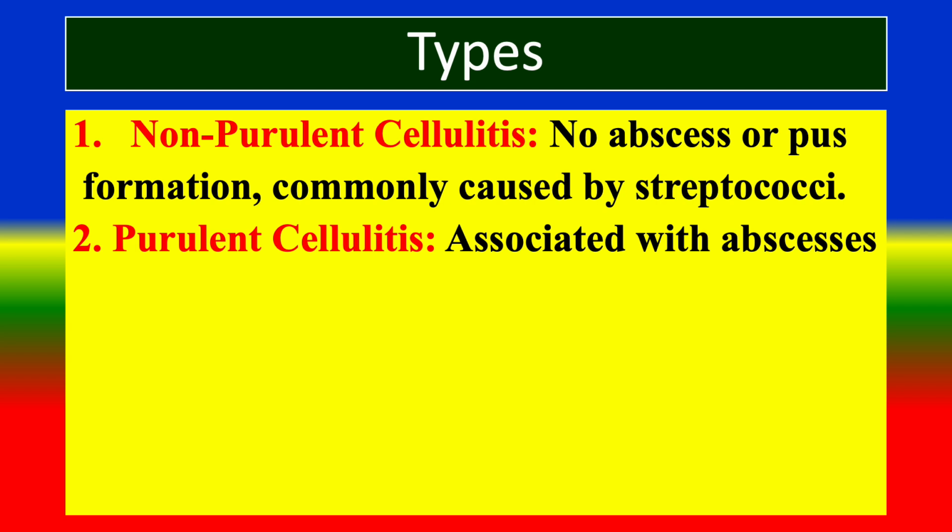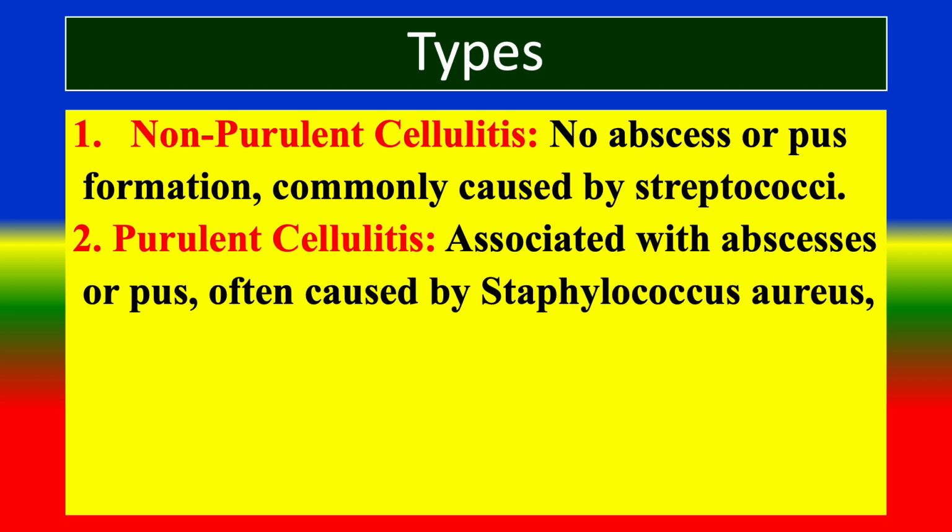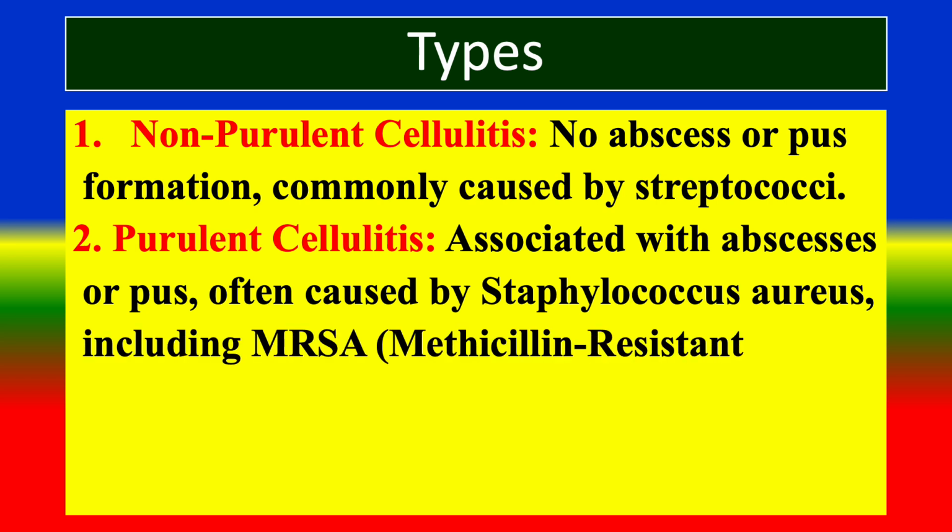Purulent cellulitis, associated with abscesses or pus, often caused by Staphylococcus aureus, including MRSA, methicillin-resistant Staphylococcus aureus.